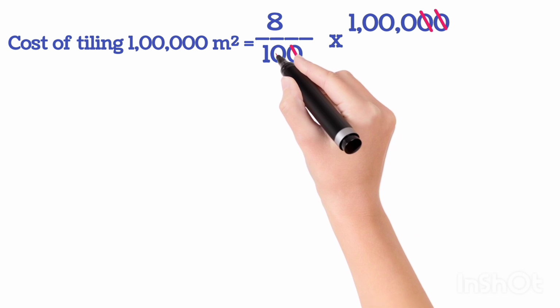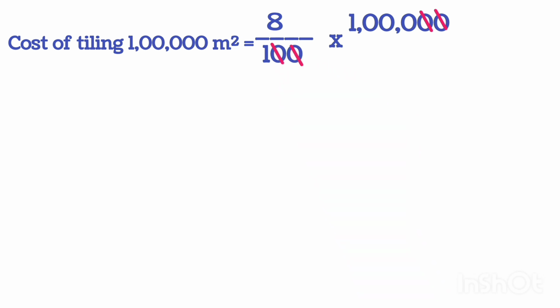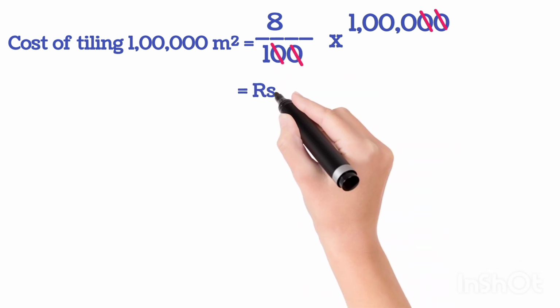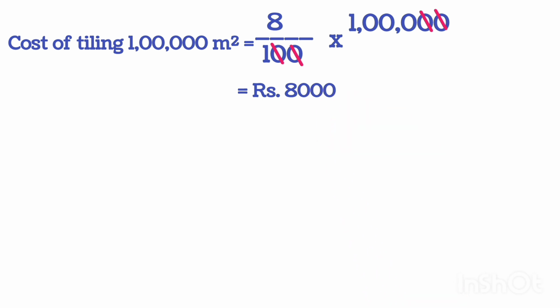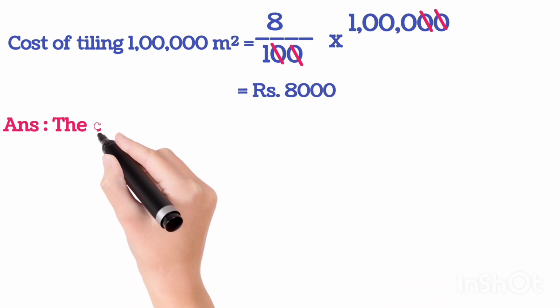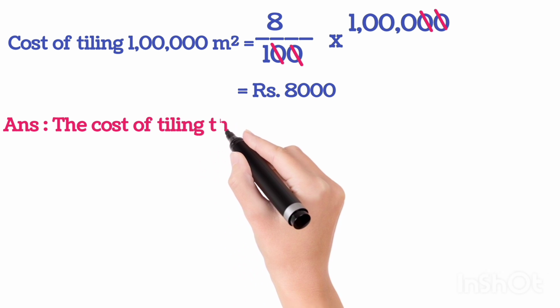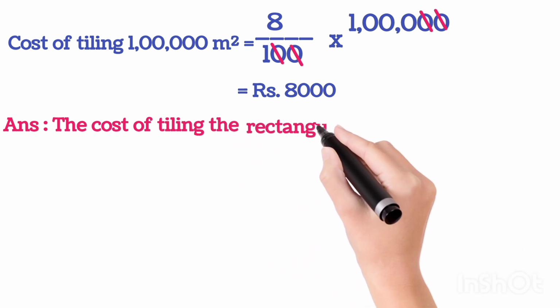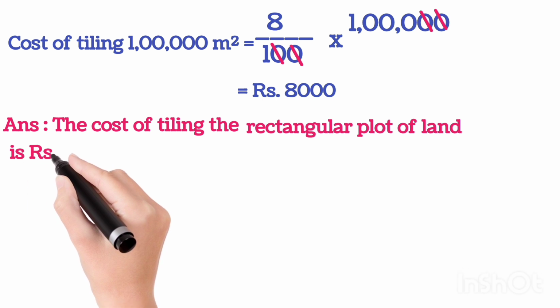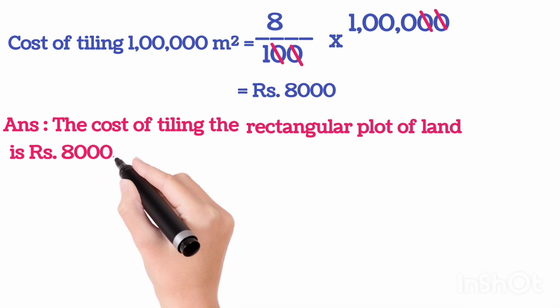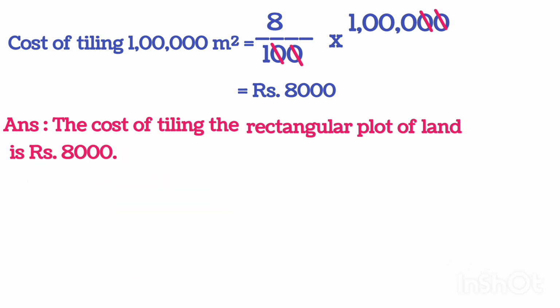So what we got? We got 8 into 1000. So what is the cost of 1 lakh meter square? It is rupees 8,000. So in the answer statement you write properly, see and remember: the cost of tiling the rectangular plot of land is rupees 8,000. Is it clear? Now go for the next sum, number 3.